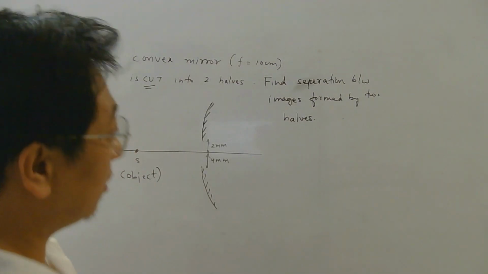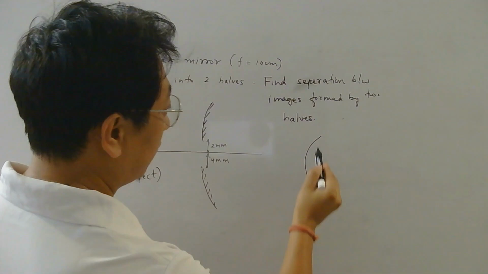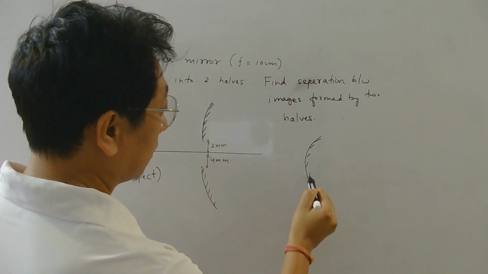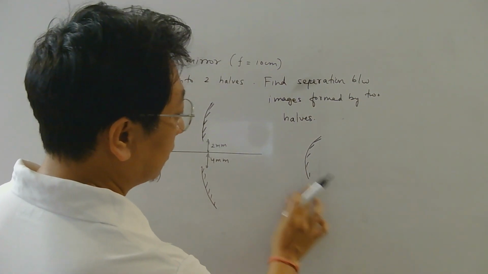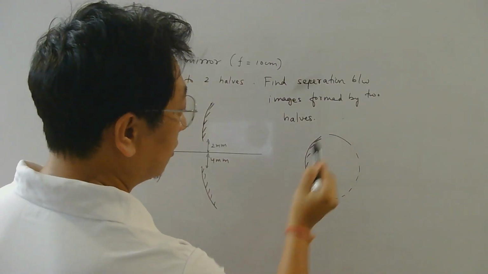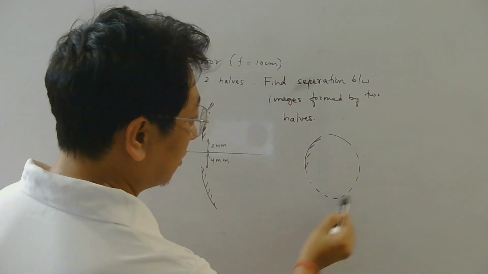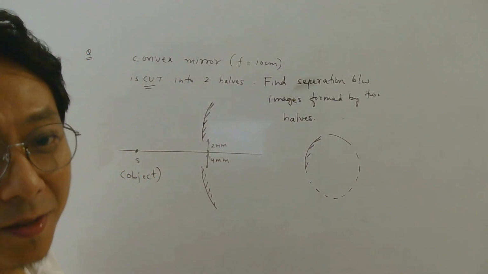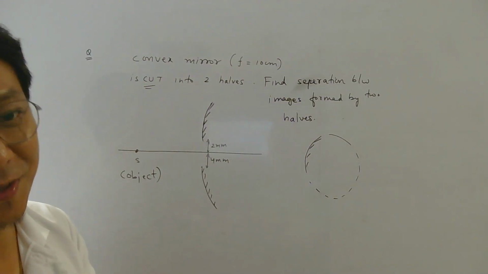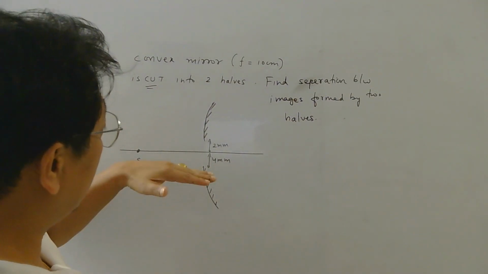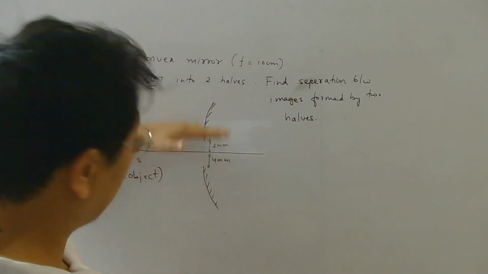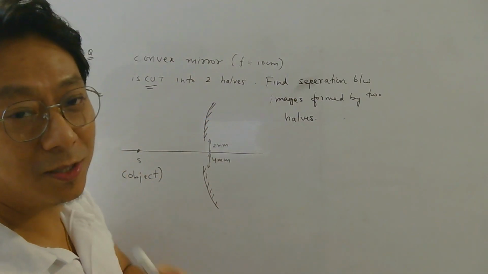Now the important thing here is, if this is your convex mirror and if you cut this part, the radius of curvature will not change. If you cut this part also, the radius of curvature will not change. So focal length will not change. However, after cutting, when you displace it up, the principal axis will shift.